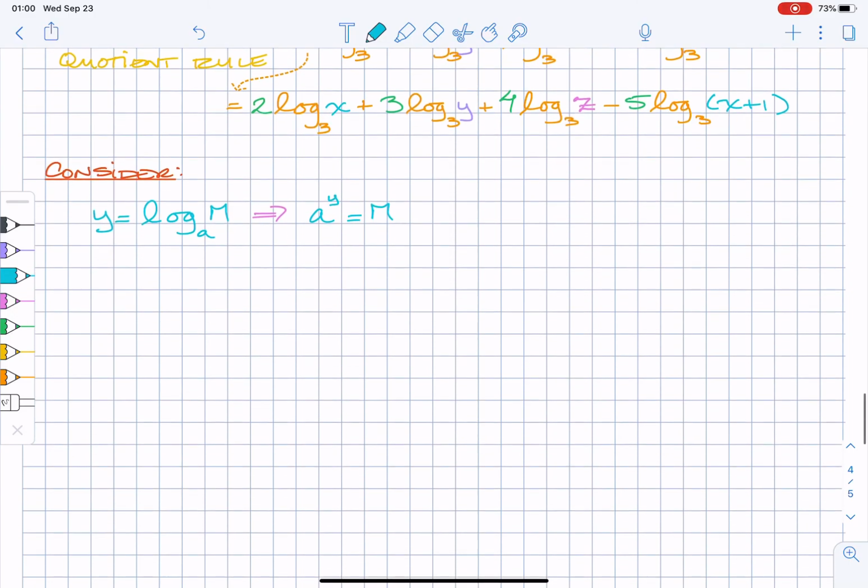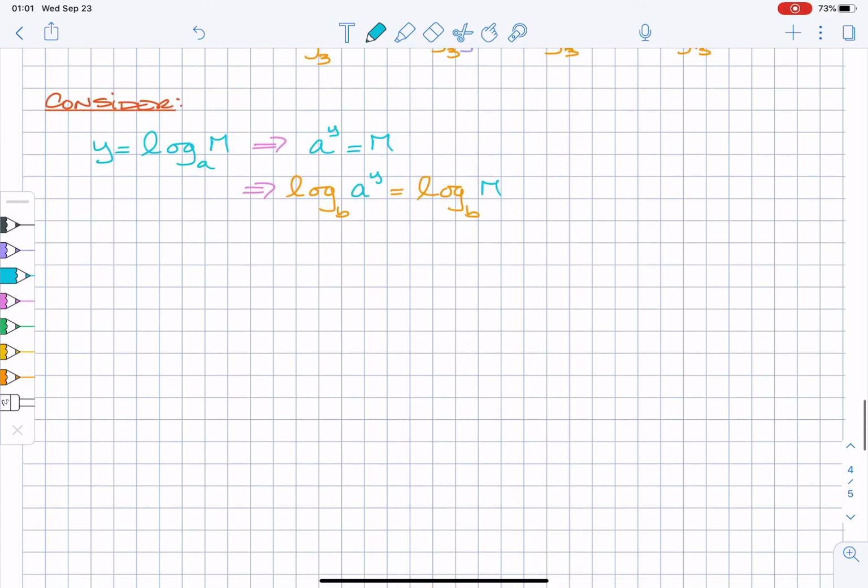So I'm going to focus on this second equation here. If I evaluate log of both sides, let's do log base b of a to the y, that's going to be equal to log base b of m. I'm just evaluating log of both sides, right?